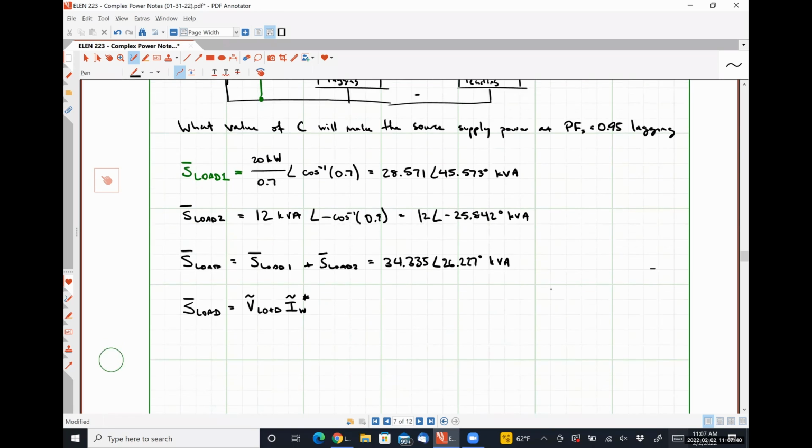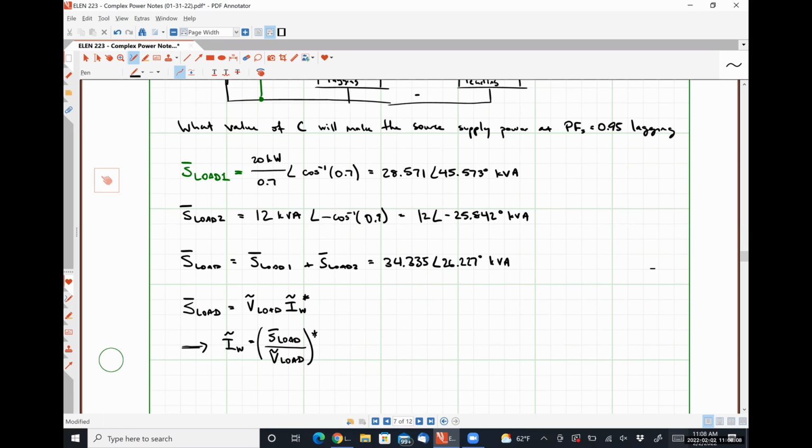We could rearrange this and say that I_W is S_load conjugate divided by V_load conjugate, right?